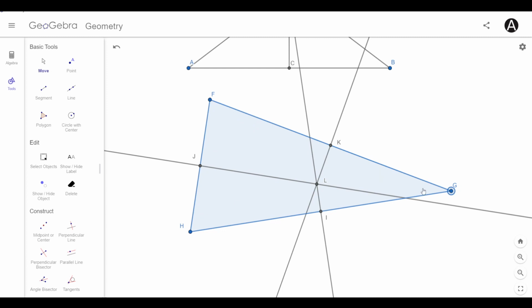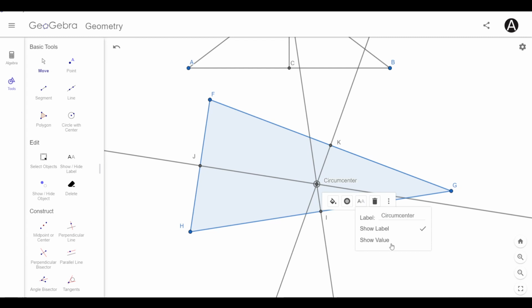So this is an acute triangle, which means all three angles in that triangle are acute angles, okay? Well, watch what happens. Oh, by the way, this right here is called the circumcenter. So instead of calling that point L, let's actually write the word circumcenter in there.